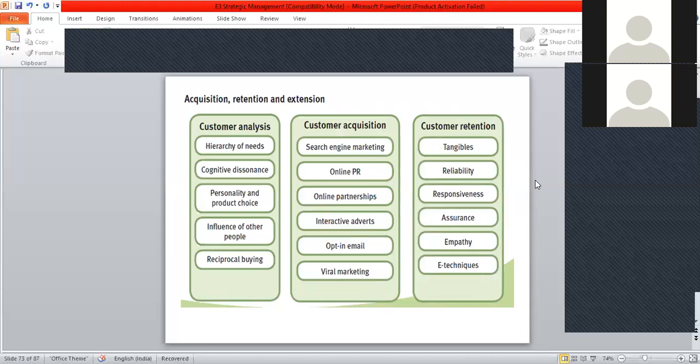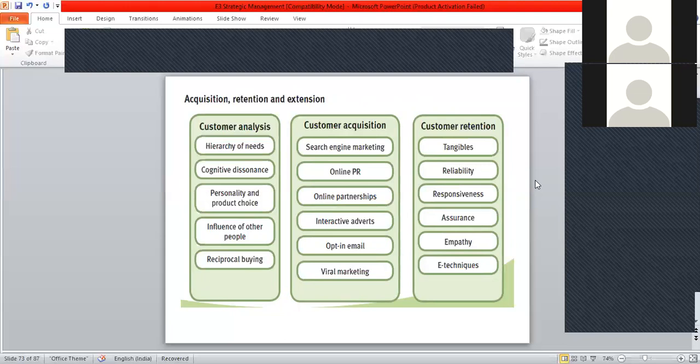After that, once the customers are communicated with and the products are sold, then customer analysis is done. Then customer acquisition: how they are acquired, how they get connected, how they are made customers.